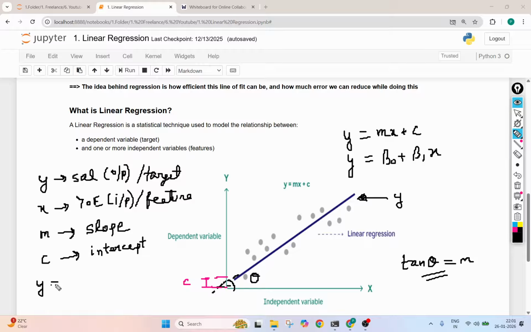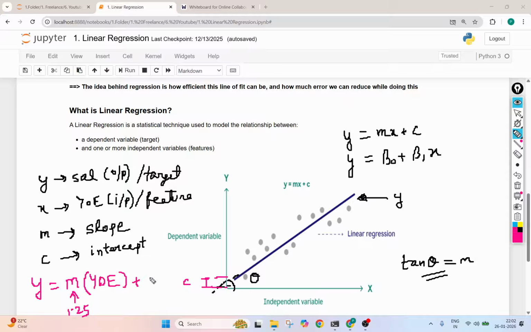So I simply say y equals m into x. I'm giving a weight to it, that is m into years of experience. So give this much m times weight to years of experience. Let's say I'm giving a weight of 1.25. So as your years of experience increases, your salary should increase by 1.25 times.